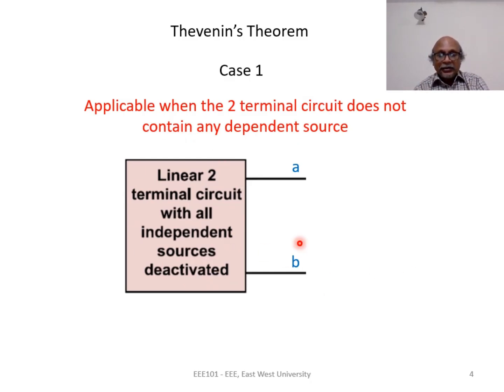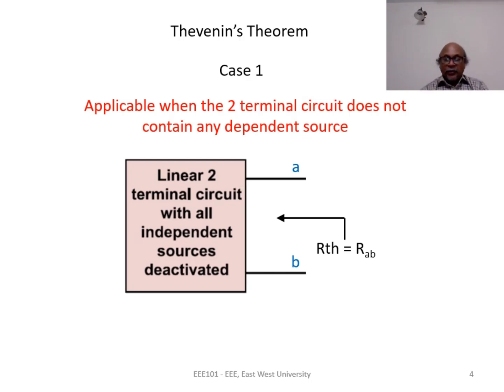So this circuit essentially is a network of resistors. If we have a network of resistors, we can find the equivalent resistance between any two nodes. In this case, we will find the equivalent resistance RAB between node A and node B. This RAB is equal to RTH.